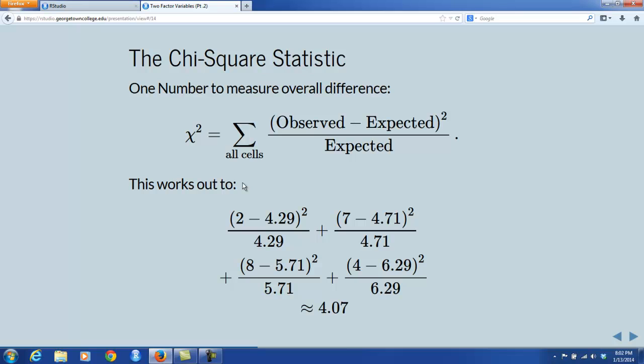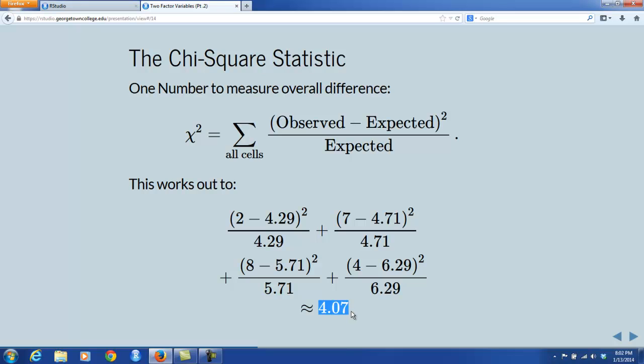So how does that work out in this particular example? Well, our two-way table had 4 cells, so there's going to be 4 fractions to work with. The actual 2, the expected 4.29, square, divide by 4.29. And you work the same way, actual minus expected, squared divided by expected, for each of the 4 cells. With a calculator, add them up, it turns out to be about 4.07.